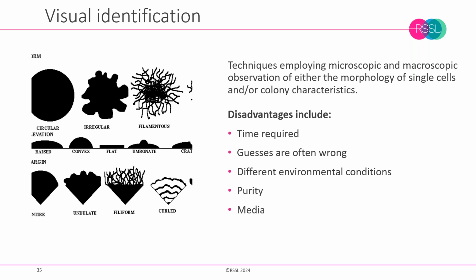It's often only possible to identify the genus, and often guesses are wrong. You might be able to say that crenated looking colony is a bacillus, but it's probably about as far as you can go. And it's not going to stand up super strong in a GMP environment.